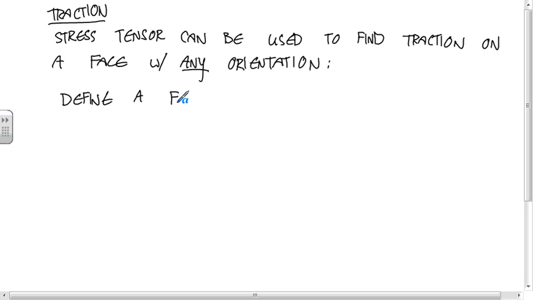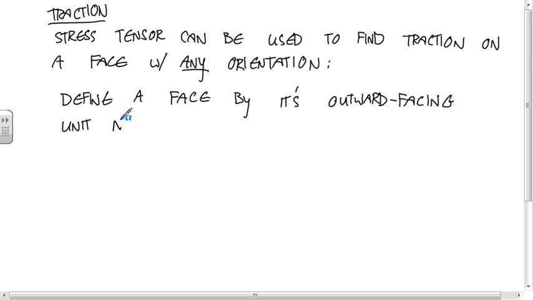define a face by its outward facing unit normal vector n, so n hat, that says that that's normalized, that's a unit vector.